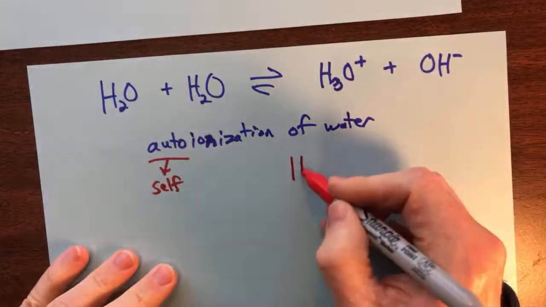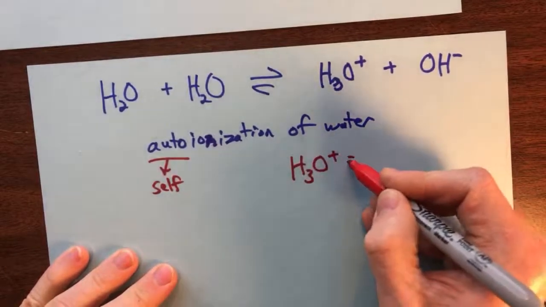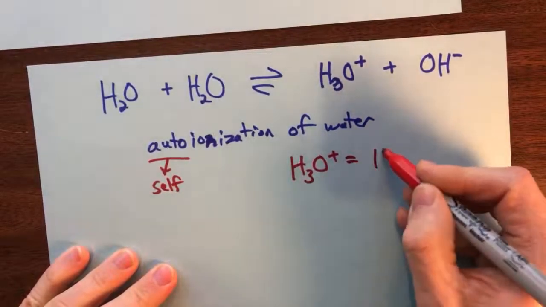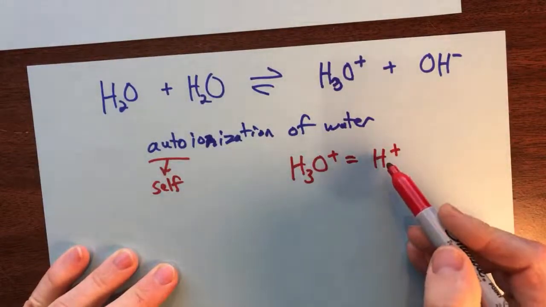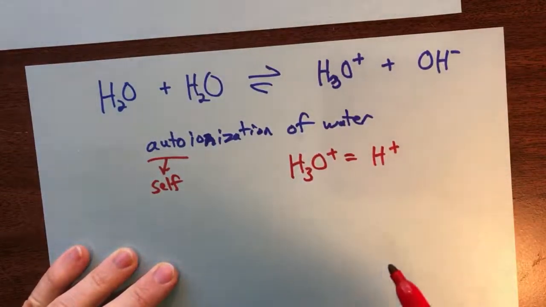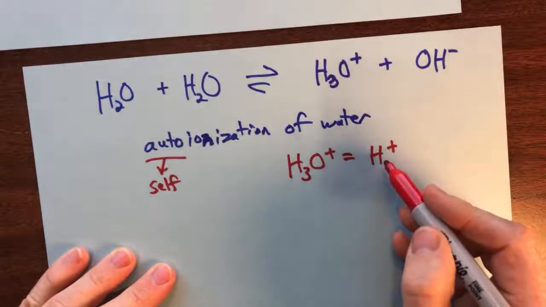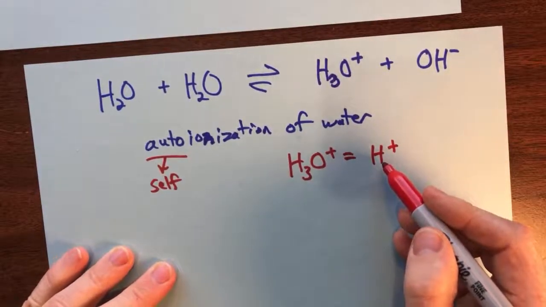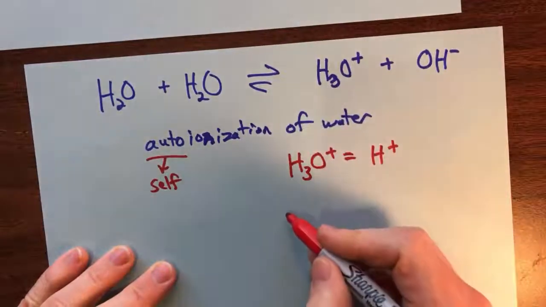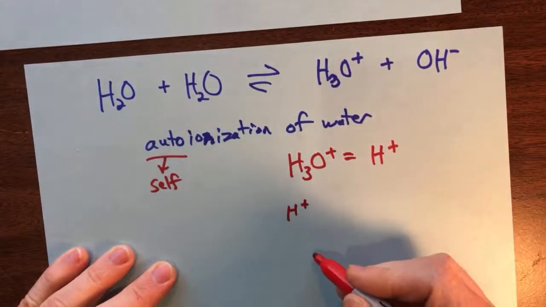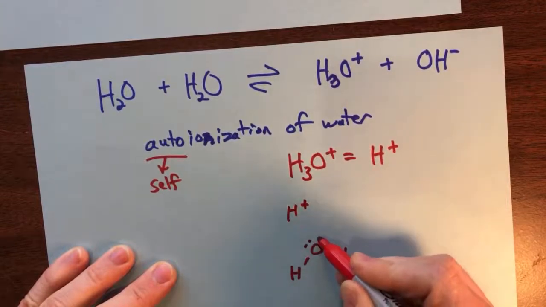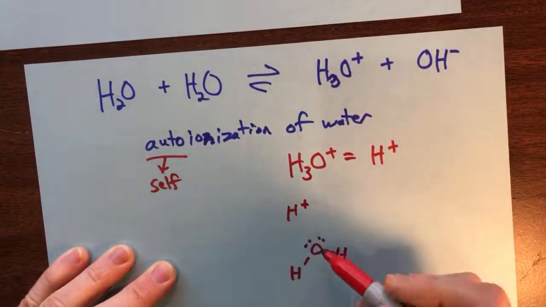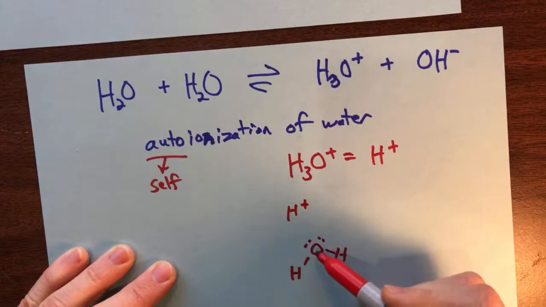In general, H3O plus is going to be the same as H plus. Why is that? Because H3O plus is simply an H plus that's stuck onto water. H plus is simply a lonely proton, just a proton all by itself. When you have H plus and you have H2O, they're going to form a bond, and that H plus is going to stick onto water.